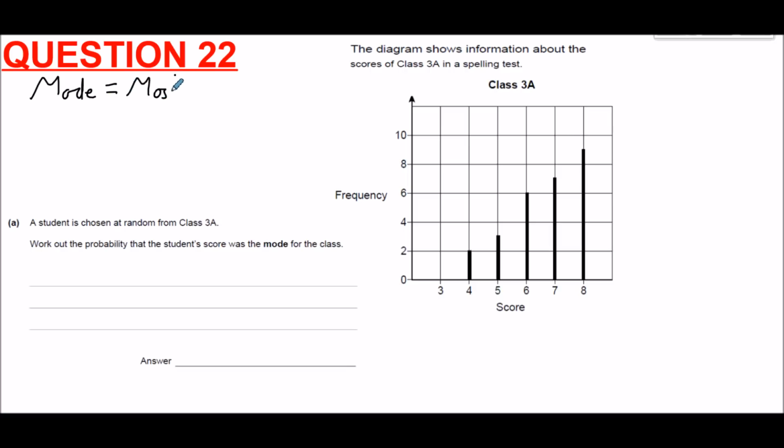In this case, because we're talking about score, it's the most common score. So it's the score of the highest frequency. So let's have a look. So the mode, which one has the highest frequency, which bar is the biggest? It's going to be 8. Most common score is 8.